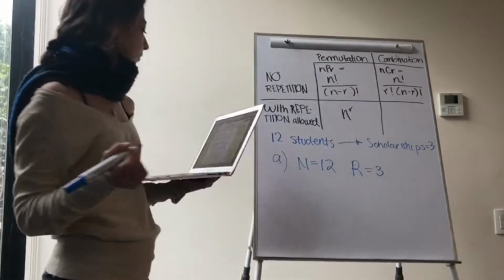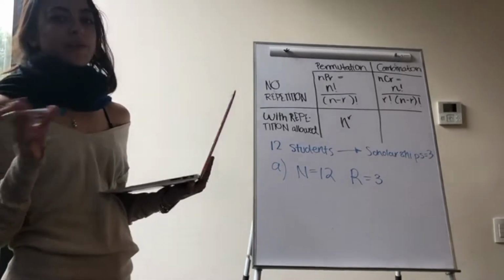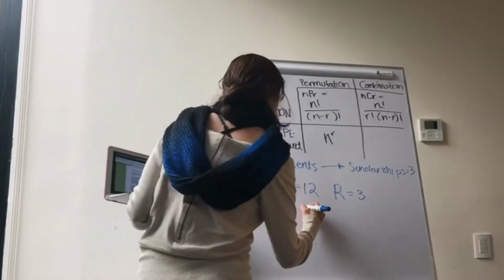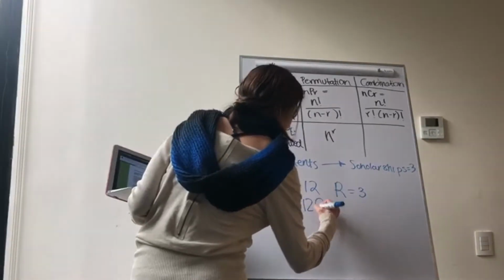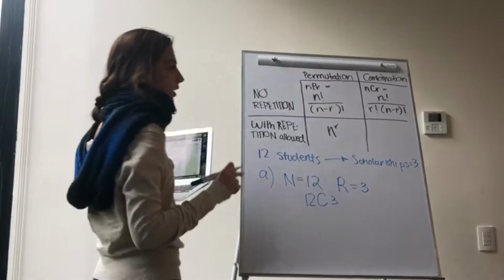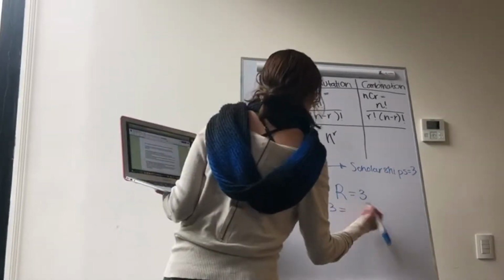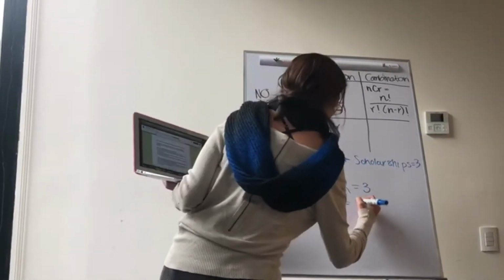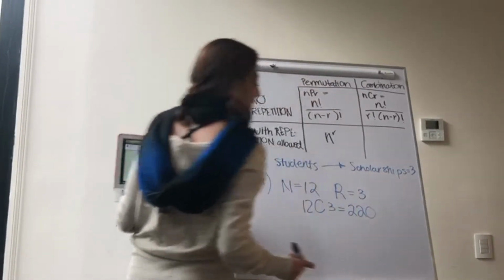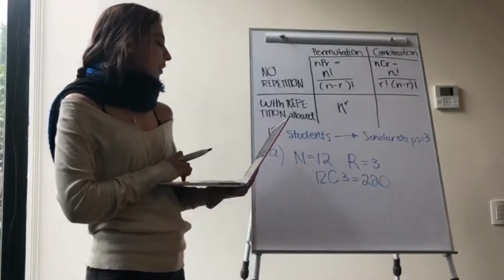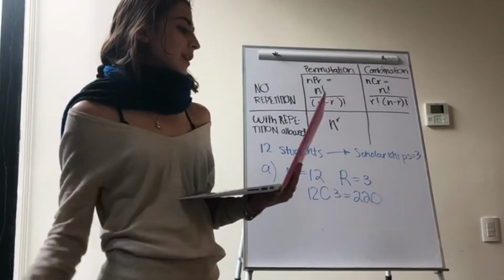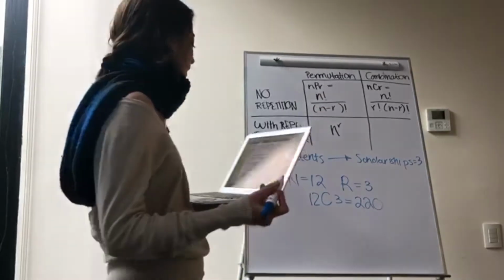And the way we're going to place the formula in our calculators is 12C3, which will give us a result of 220. So there are 220 ways in which we could determine the winners of the scholarship.